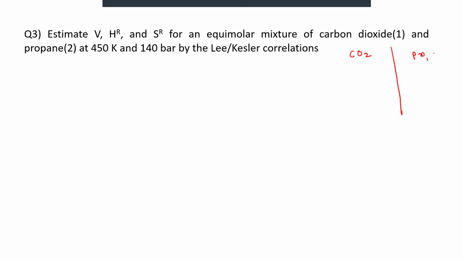From the appendix of any book, generally you can find the critical temperatures and critical pressures for these common gases. So what we have here is 304.2 Kelvin. This is 369.8 Kelvin.